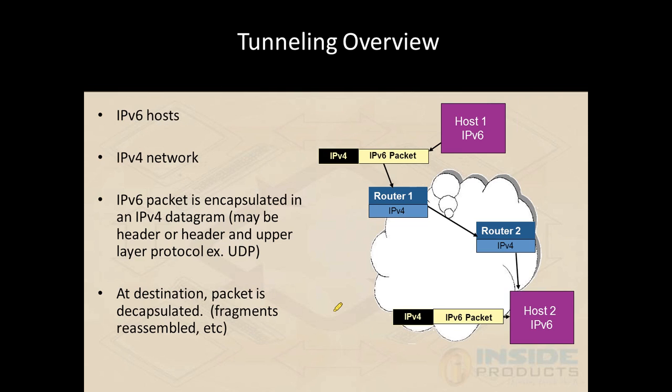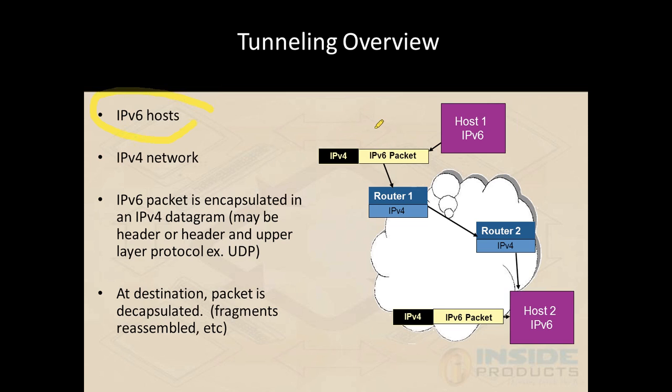So I'll talk to you about how it works, and then a bit about some of the technologies themselves. Each one is different, but the overview of how translation works is that generally you have some kind of function. It may be implemented in a router.